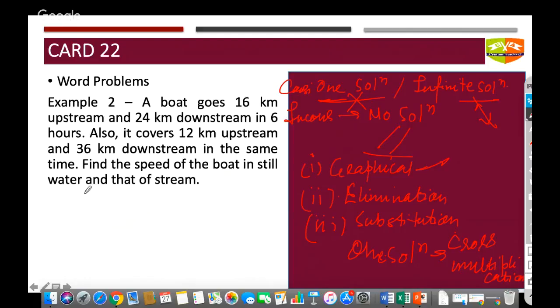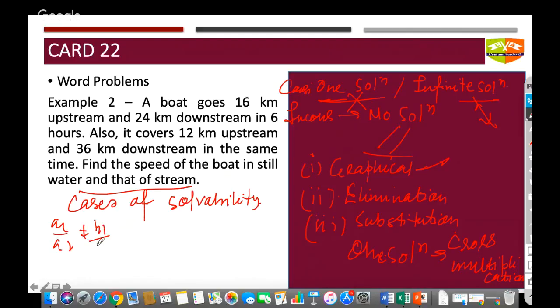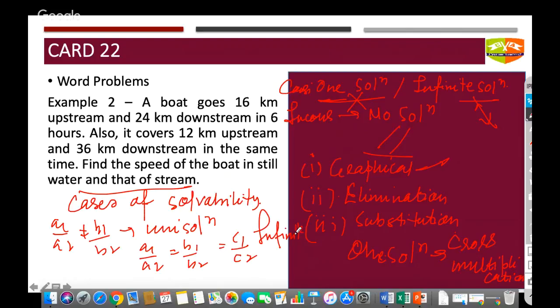Then I took cases of solvability. In that, I had three cases: a1 by a2 not equal to b1 by b2 for a unique solution, a1 by a2 equal to b1 by b2 equal to c1 by c2 for infinite solutions, and a1 by a2 equal to b1 by b2 not equal to c1 by c2 for no solution.